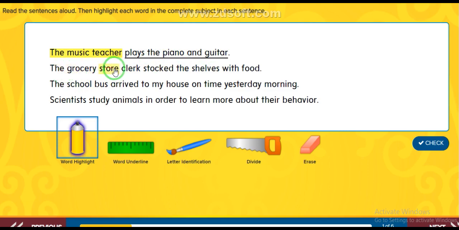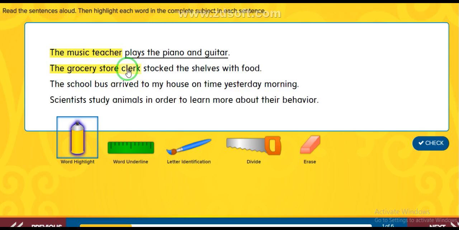The grocery store clerk stocked the shelves with food. Okay. The grocery store clerk, which means the worker, the one who works at the grocery store, stocked the shelves with food. He put food on the shelves. So, about whom am I talking here? About the grocery store only? Or about the grocery store clerk?